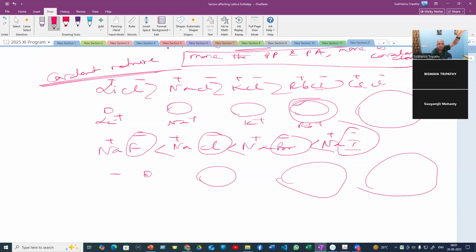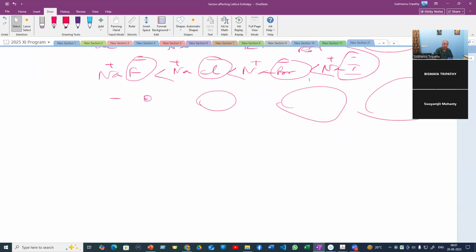Its net lattice enthalpy is even lower than cesium chloride, so its melting point comes below cesium chloride. But here, supposing I consider stannous chloride and stannic chloride, which will have more covalent character.